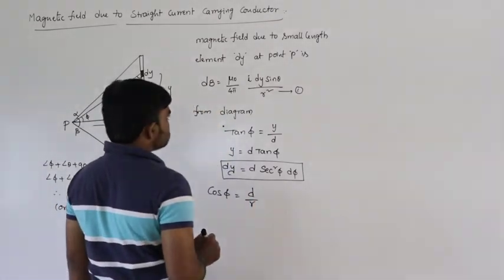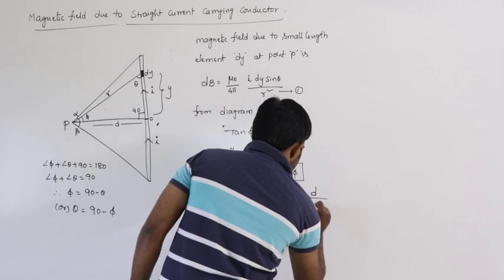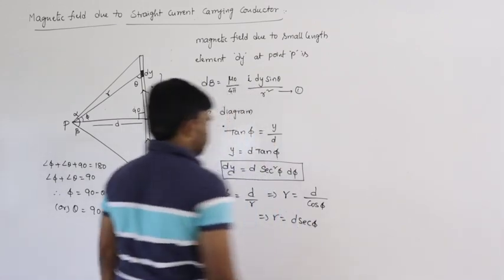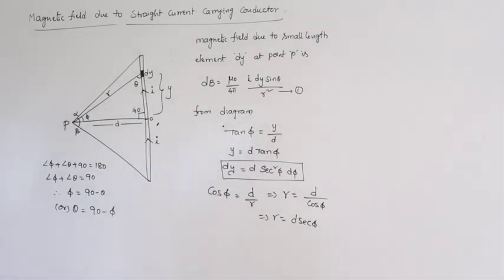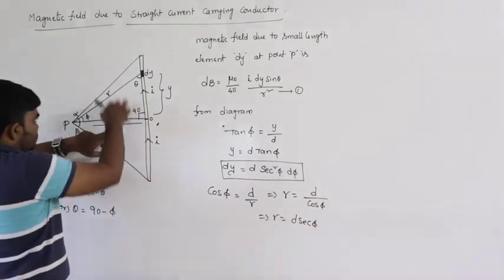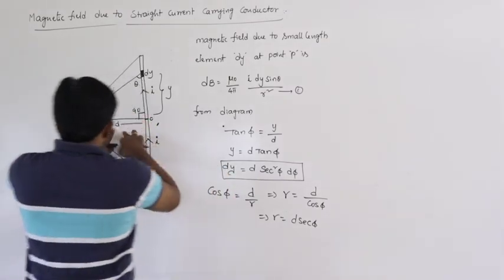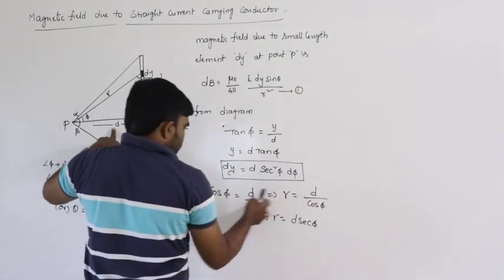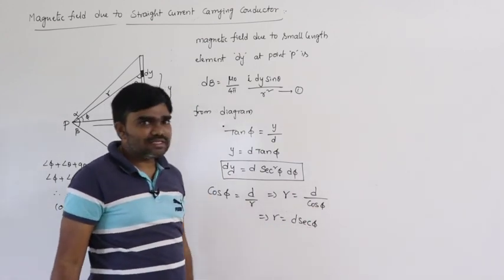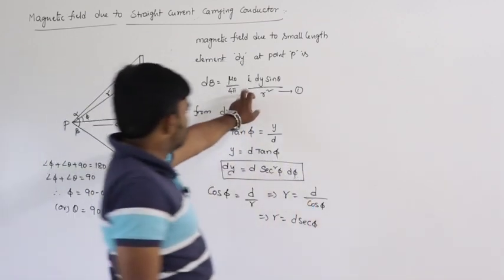So r is equal to d by cos φ, that is r equals d sec φ, since 1 by cos φ is sec φ. Next, we know θ is equal to 90 minus φ. Substitute all these values in equation 1.